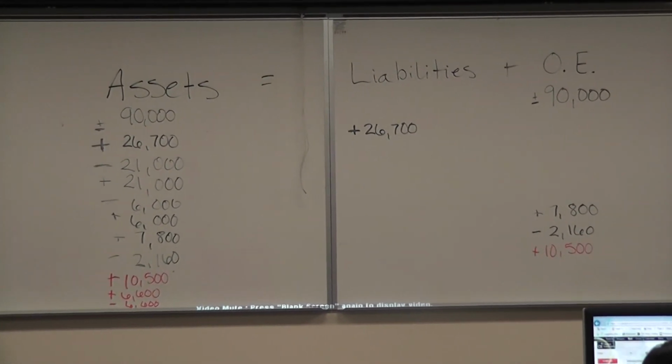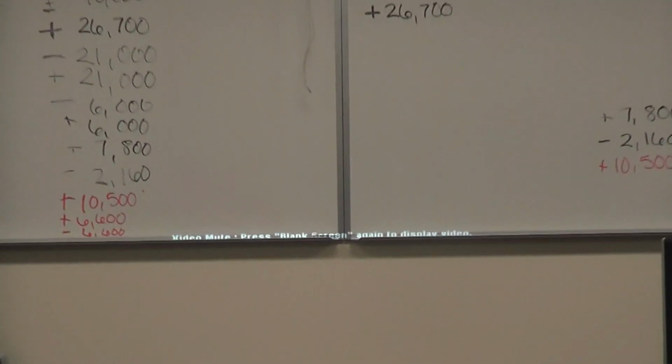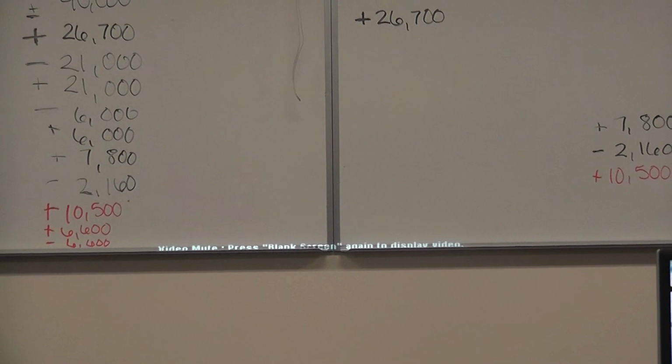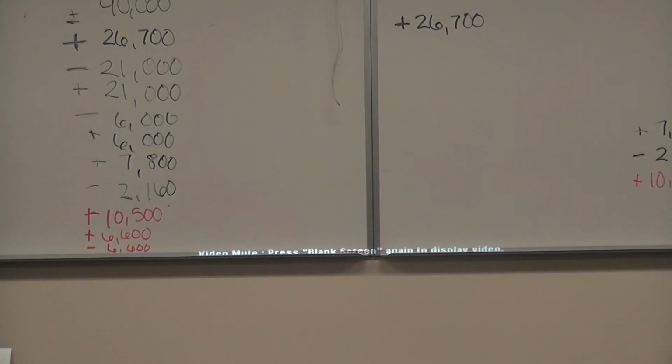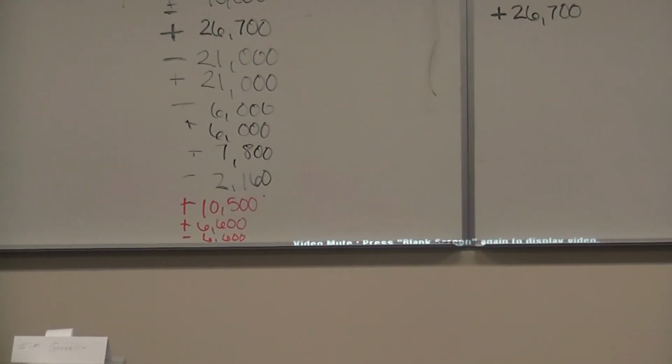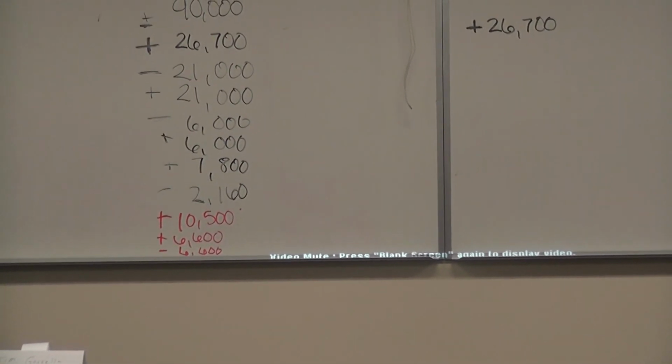They paid it to you. They paid down how much money they owe you. So you got the cash, but they paid down their accounts receivable. You receive the cash from them, but they don't owe you as much on their accounts receivable.